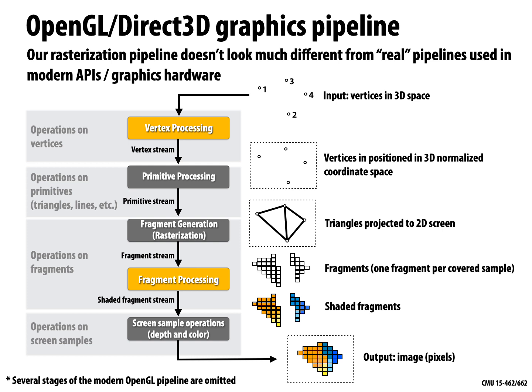You have input vertices, they go through some vertex processing stage where they get transformed in space. These then generate primitives which get rasterized. Those fragments get blended into the frame buffer in various ways, and you get an output image.